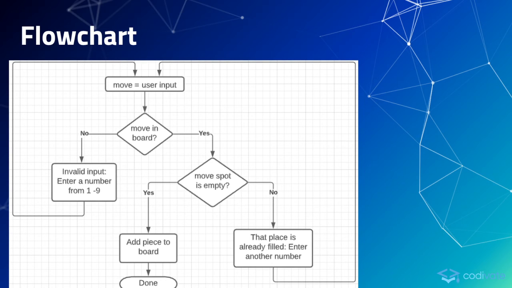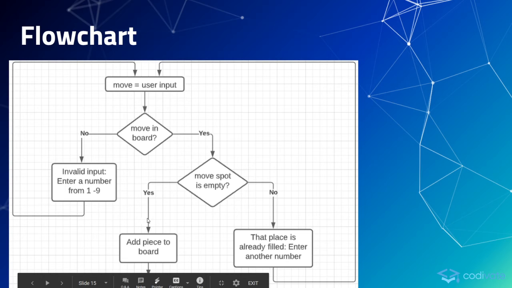So we could just check if the move that they made is a key inside the dictionary, and if it is, we also have to check that the move spot is empty. If it is empty, then we know that the user made a valid move, so we can add their piece to the board at that spot.